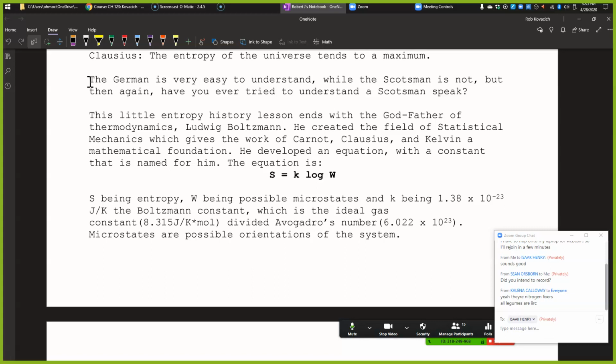So we've got S being the entropy, W being possible microstates, which we're going to have to discuss, and k being Boltzmann's constant. And Boltzmann's constant is just a combination of the ideal gas law constant and Avogadro's number. But the ideal gas law constant in terms of joules instead of liter-atmospheres, you just multiply the liters and the atmospheres and you end up with a joule value for the energy on the top. So you can write the ideal gas law constant two ways.